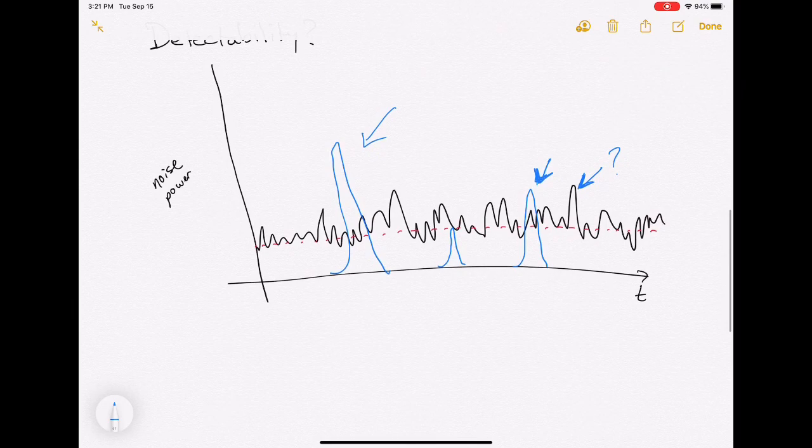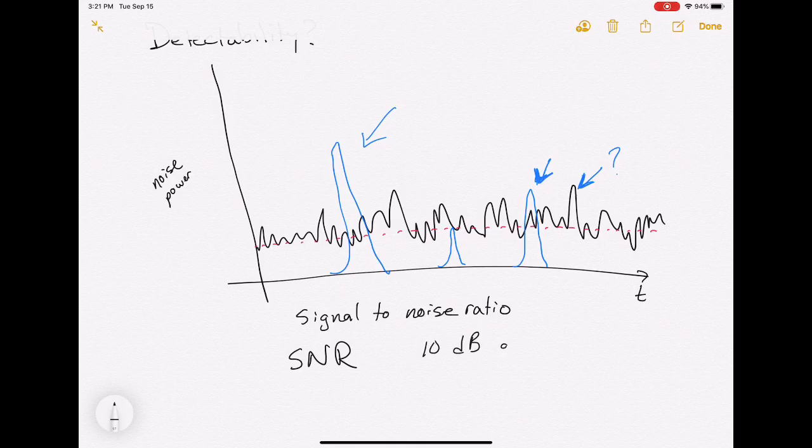It's pretty common to need a signal-to-noise ratio, which is usually abbreviated as SNR. A common signal-to-noise ratio that you might need could be 10 dB or 20 dB.